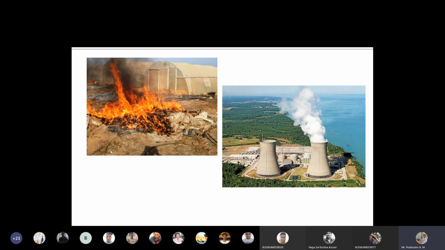Even in Karnataka it is there. I guess it should be there in your place also. So we are getting nuclear power, but in a limited way. We cannot completely rely on nuclear power. These are some of the conventional energy sources which are available.